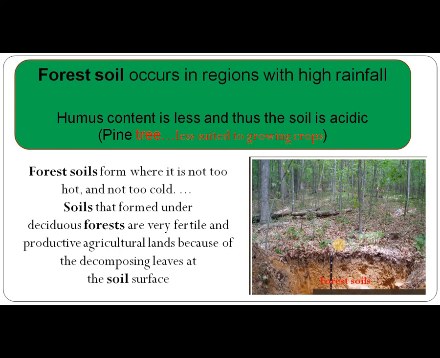Forest soils form where it is not too hot and not too cold. So soils that formed under deciduous forests are very fertile and productive agricultural lands because of the decomposition of layers at the soil surface.